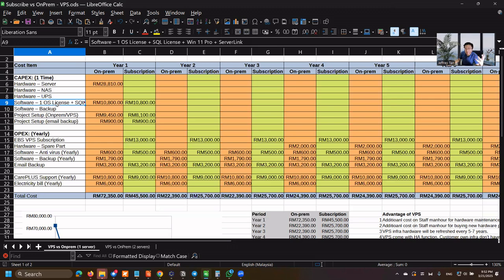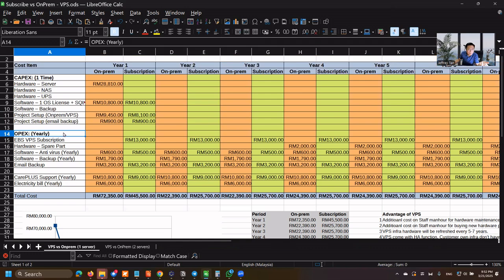So these are licenses, general things in the market. And also the backup software, and also the project setup. Actually, the setup is roughly the same. The VPS, I mean the cloud server, is slightly lower because you don't need to set up the hardware. And this one is roughly the same.